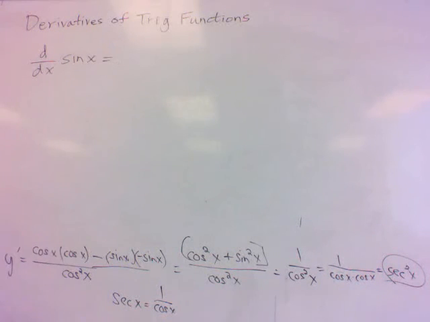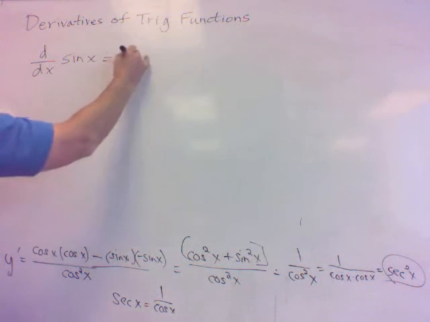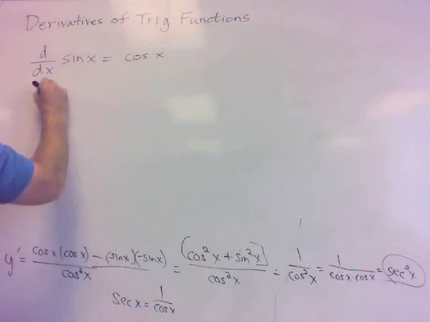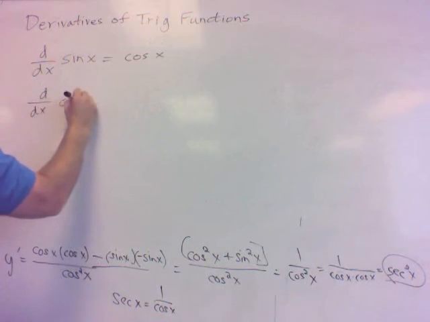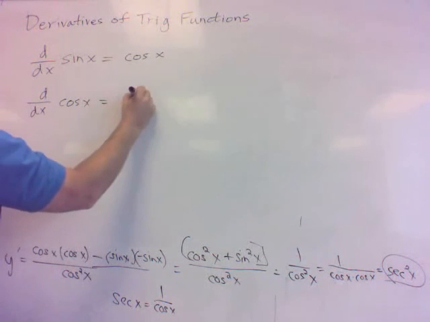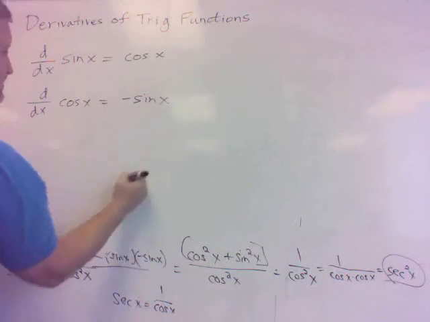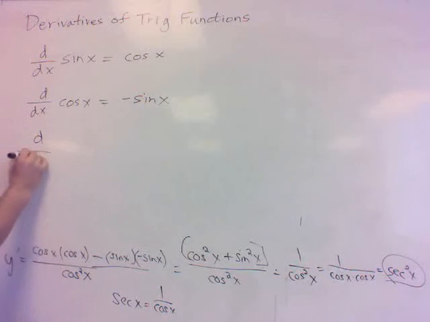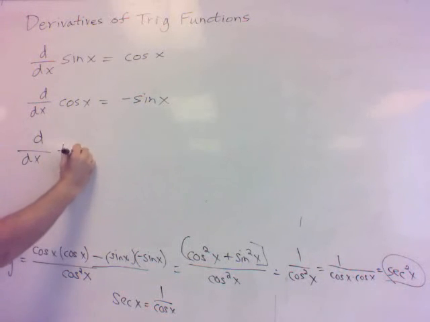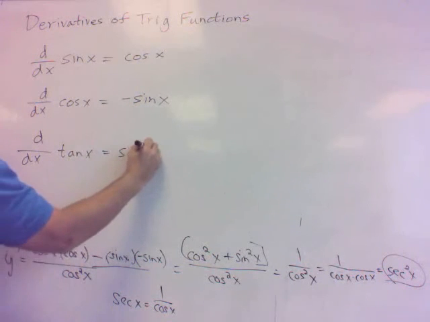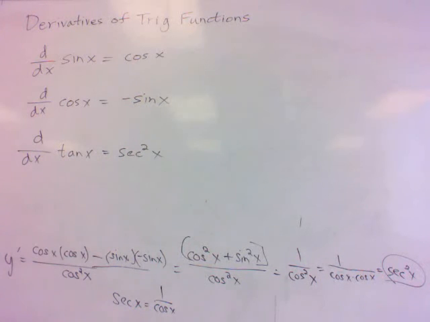So we saw that d/dx of sine of x is cosine. The d/dx of cosine is almost as nice, but it's minus the sine. And then we just saw the d/dx of tangent of x is secant squared. So we'll need to know those.